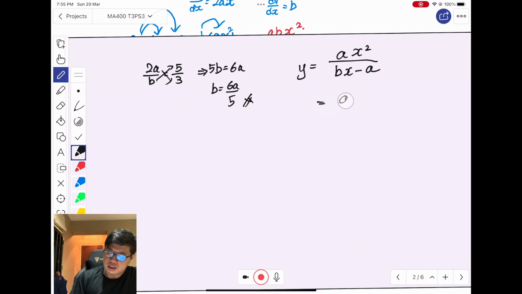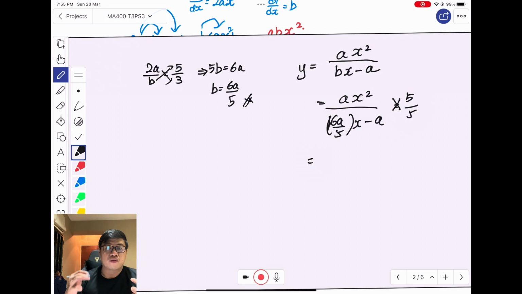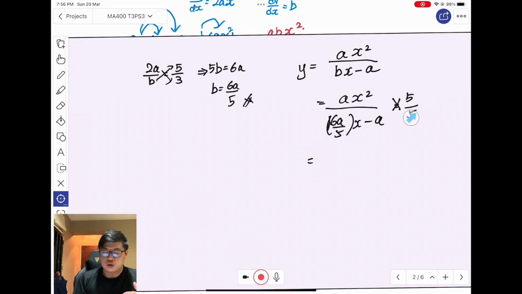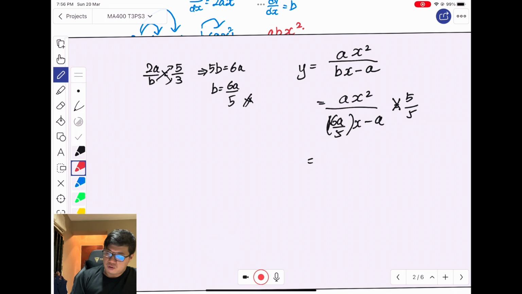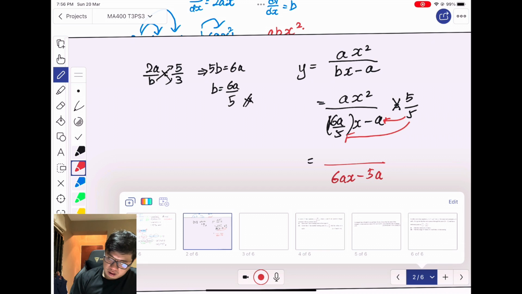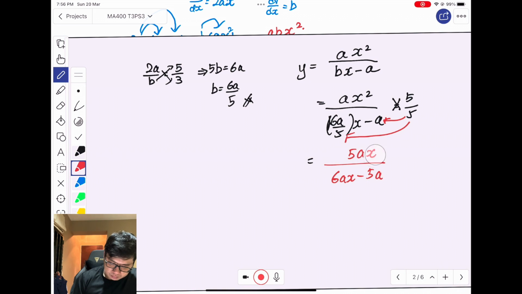So this is ax² over 6a over 5 x minus a, which is multiplying both top and bottom by 5/5, just to get rid of the fraction in the fraction. So 5 and 5 here will give me 6ax. 5 and a gives me a minus 5a, over 5ax².